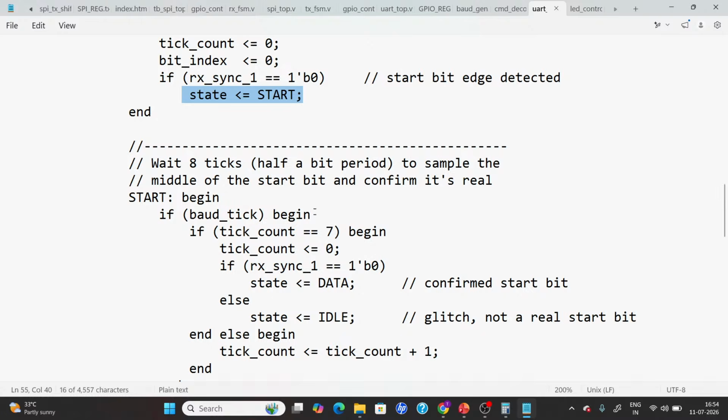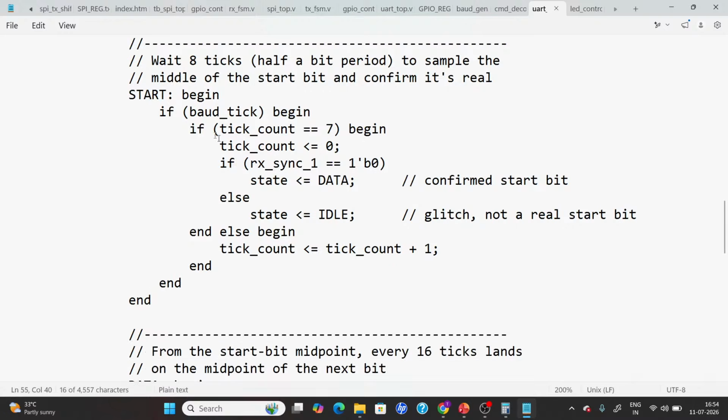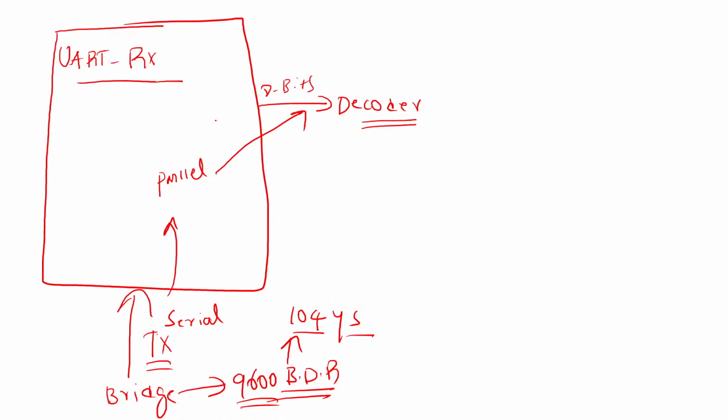So now you have entered into the start state. For example, let's remove this baud_tick and tick_count for a moment. Let's assume this state is running for every passage of clock. Then what is going to happen? For every passage of clock, this tick_count will be incrementing. So let me visualize it over here. This will be my clock.